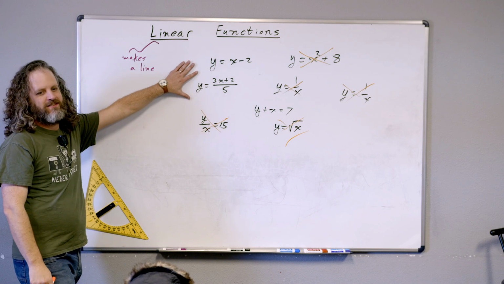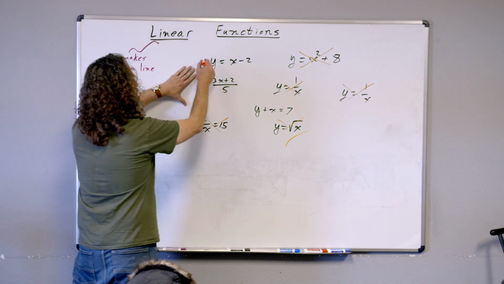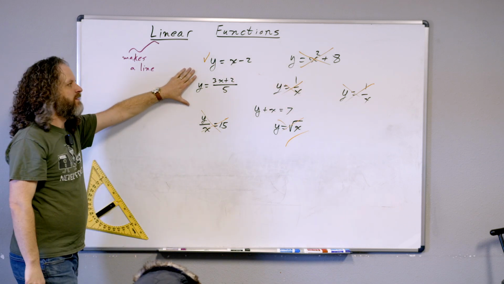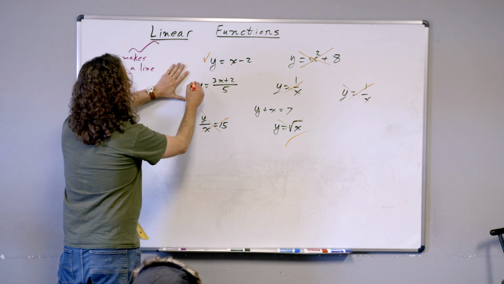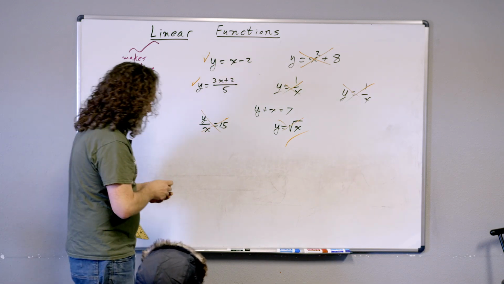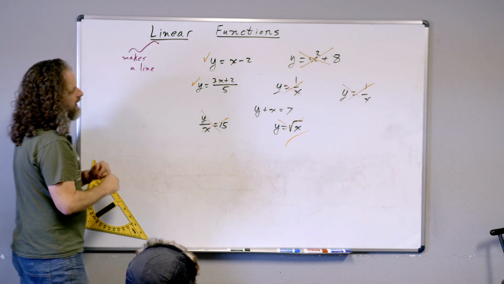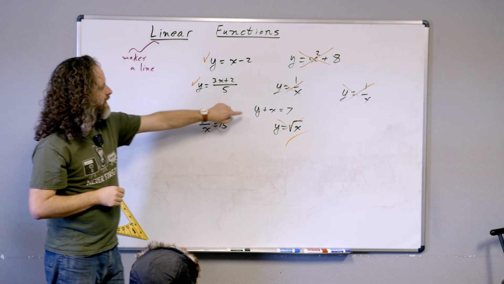Are these linear? Y equals x minus 2. It is linear. This is definitely linear. What about this one? Is this linear? Yes. It is also linear. Okay, so here, let's see if we can figure out the main key difference between the ones that are not and the ones that are. What about that one?